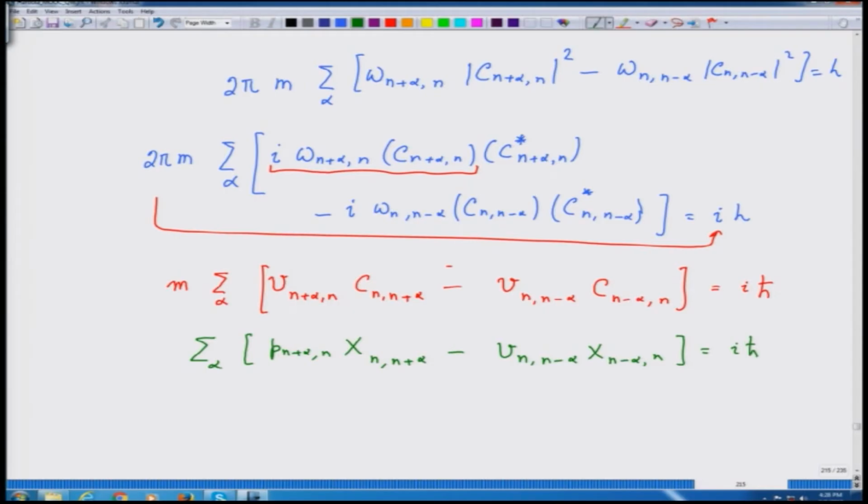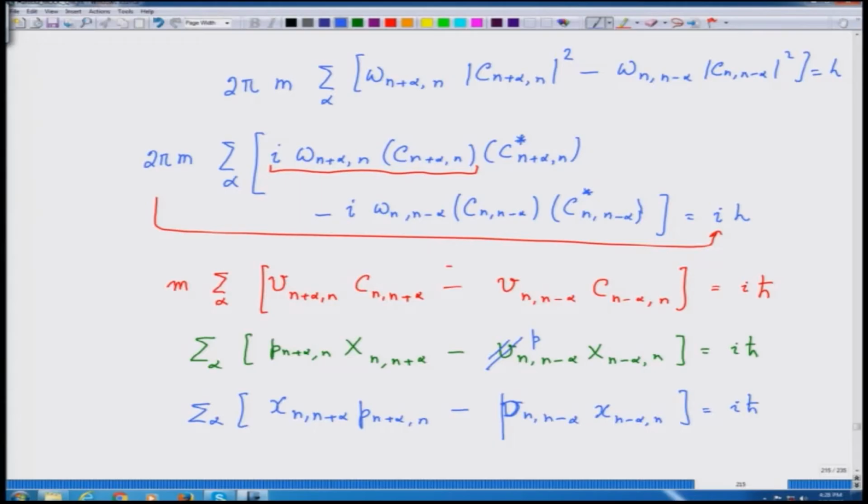Let me reshuffle the numbers and write this as summation over α of x_{n,n+α}p_{n+α,n} minus p_{n,n-α}x_{n-α,n} is equal to iħ.